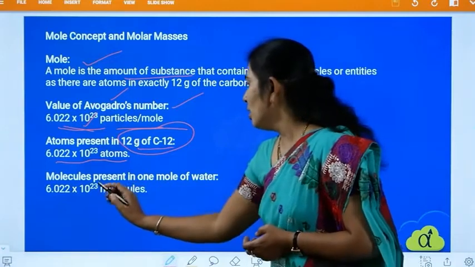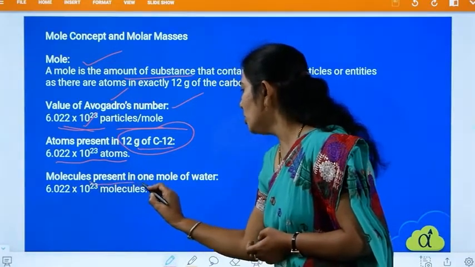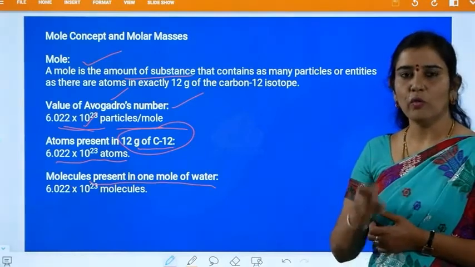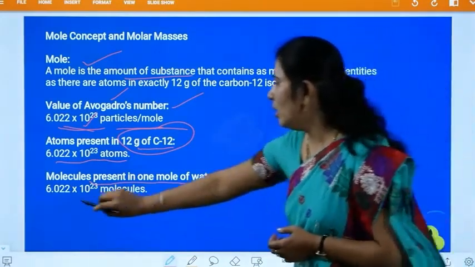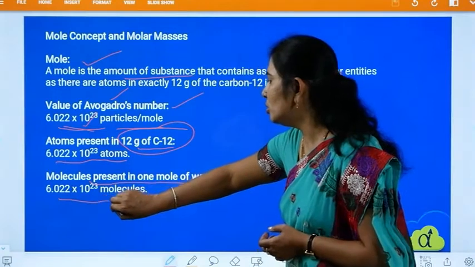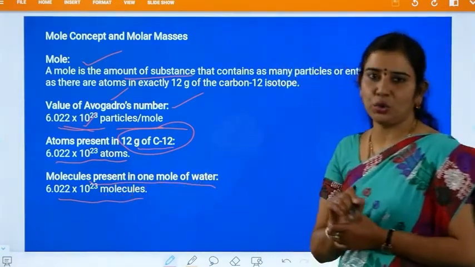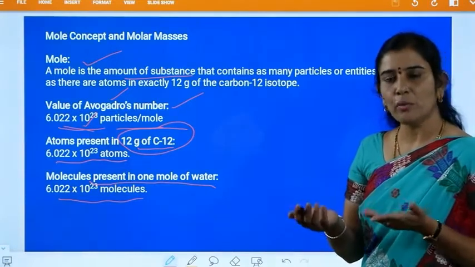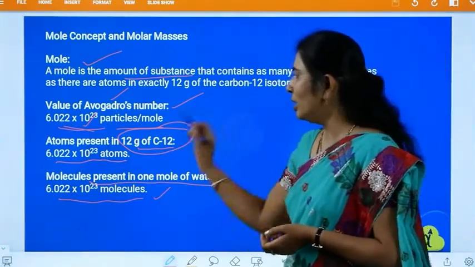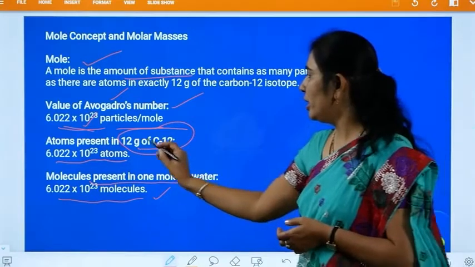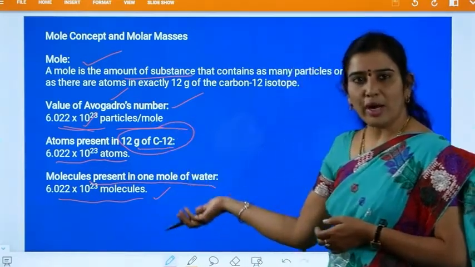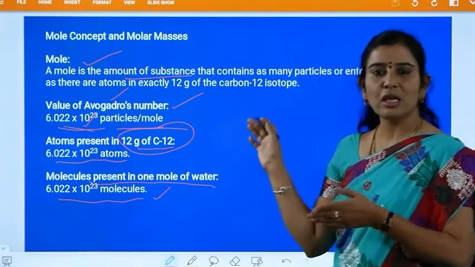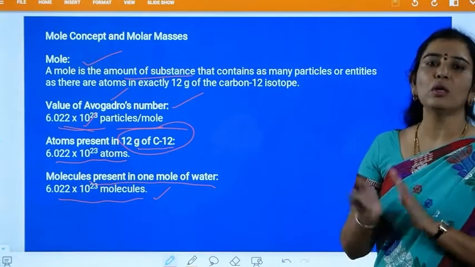Now, how many molecules are present in 1 mole of water? Again I told you, 1 mole means 6.022 × 10^23 molecules. When you talk about atoms, the number may be less; when you talk about molecules, it may be more. Like this, for every substance, the number of atoms or molecules present can be expressed in the mole concept.